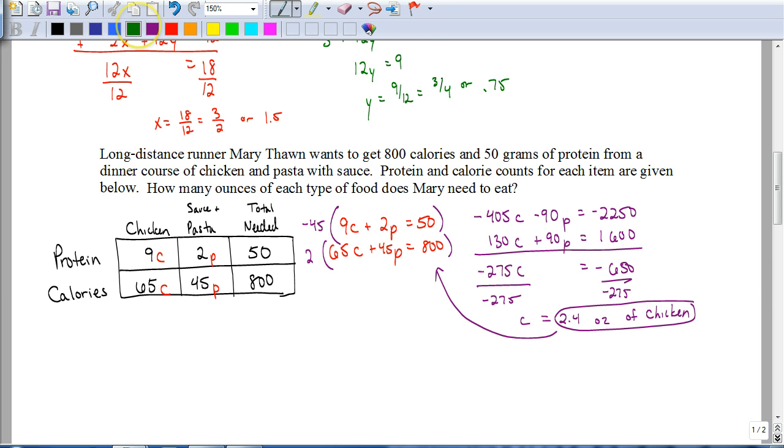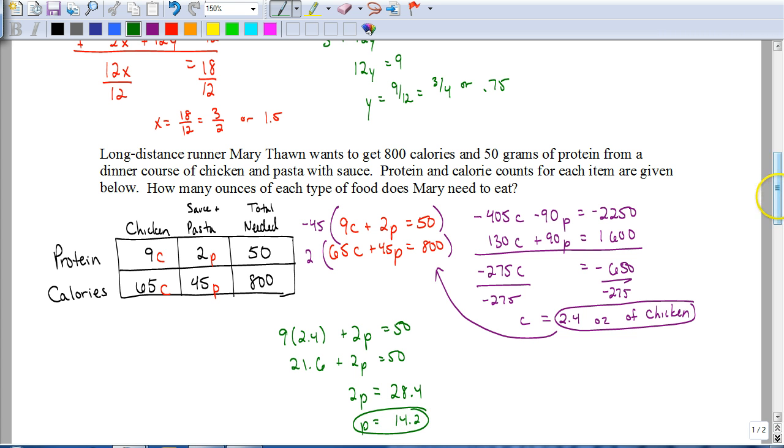So it'll be 9 times 2.4 plus 2P equals 50. Well, 9 times 2.4 is going to be 21.6, which gives me, when I subtract 21.6 from both sides, 28.4. Divide by 2 gives me 14.2.